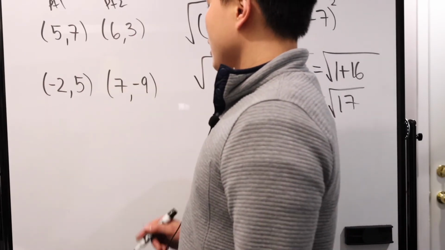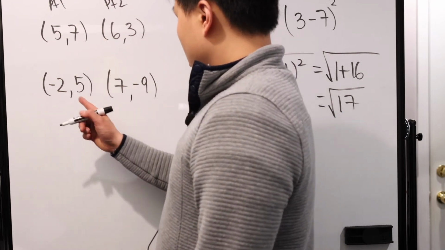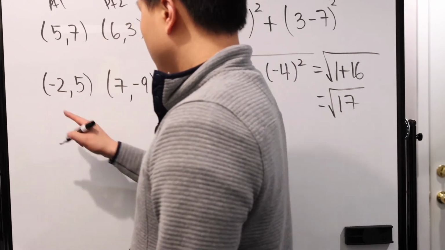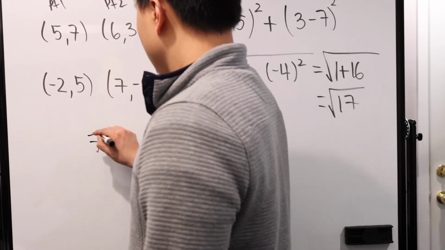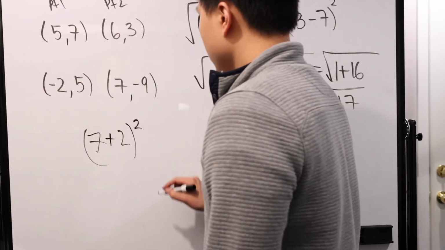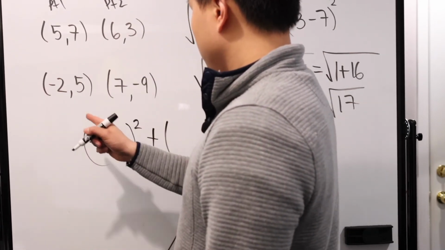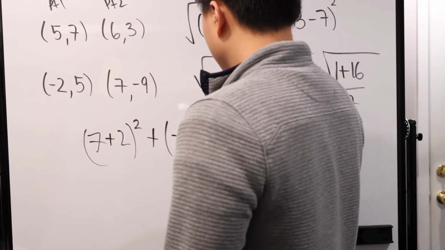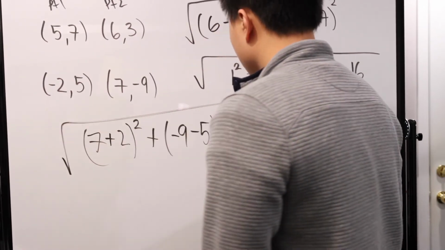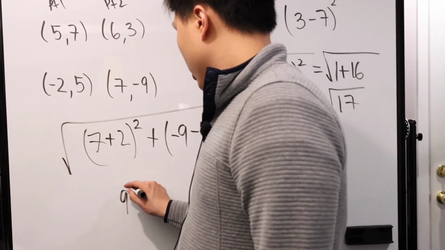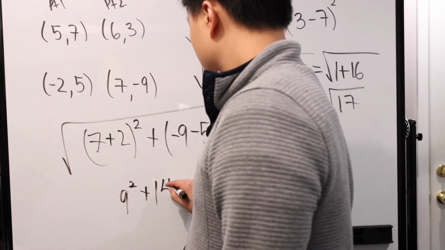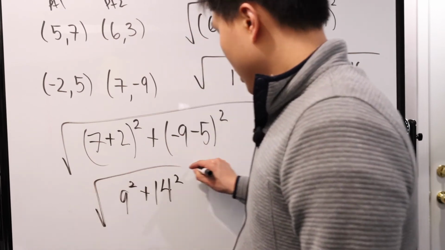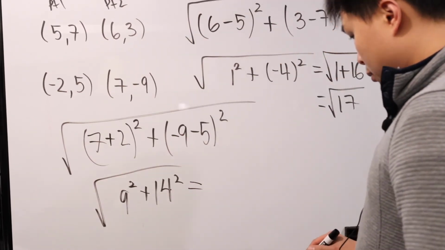Now, let's look at the second one. Very quickly, once again, distance: 7 minus negative 2, squared, plus negative 9 minus 5 squared, all under a square root. Well, that's 9 squared plus 14 squared. Oh dear, I don't think my mental arithmetic might handle this.